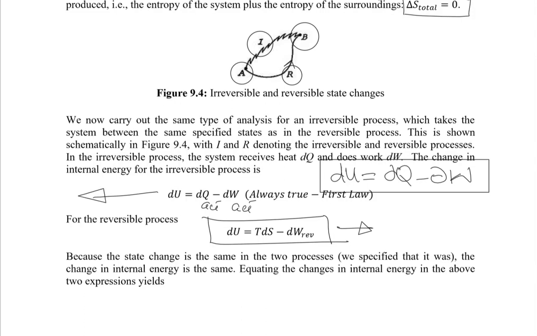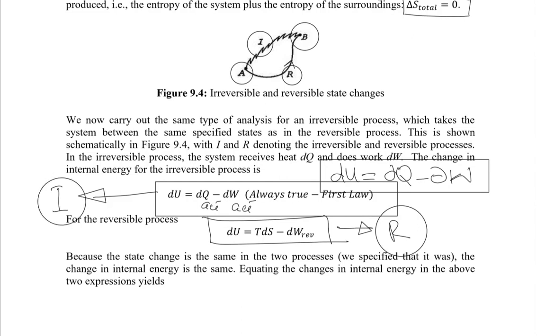We will look at this one as the equation which holds for an irreversible process. So going from state A to B irreversibly, I would use this equation, and coming back from B to A, I would use this other equation, which is for a reversible process.